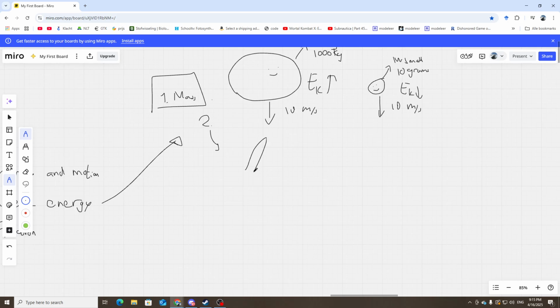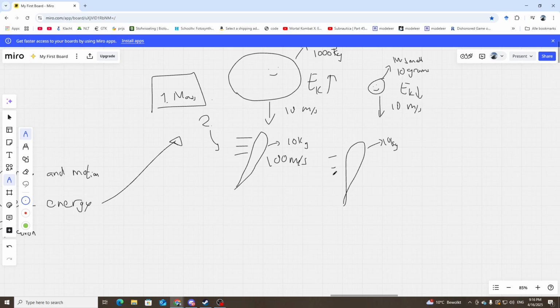The second one is as follows. We have one club, which weighs 10 kilograms, or a club that also weighs 10 kilograms, but there's a difference here. This club is moving at 100 meters per second towards your head.